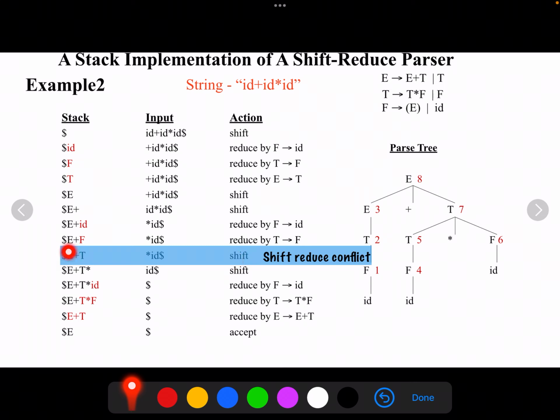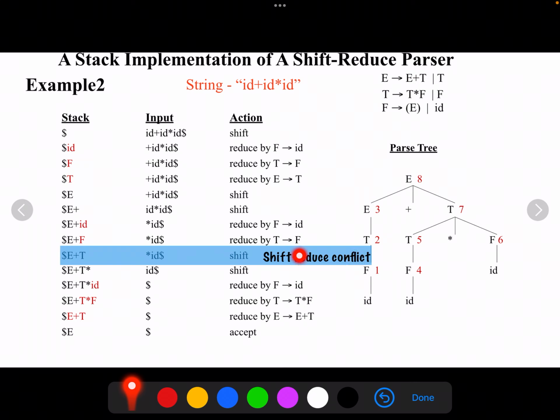But you can also have a reduce step over here, that is E plus T. E plus T is getting matched with this, therefore you can apply a reduce over here. That's why it is called a shift reduce conflict.